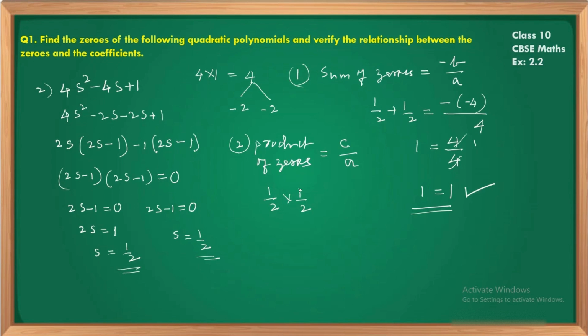This is one zero, this is another zero, and you multiply them. The product is equal to c by a, that is plus 1 by 4. 1 by 2 into 1 by 2 gives you 1 by 4 equals 1 by 4. Therefore, LHS is equal to RHS. This verification is also over.